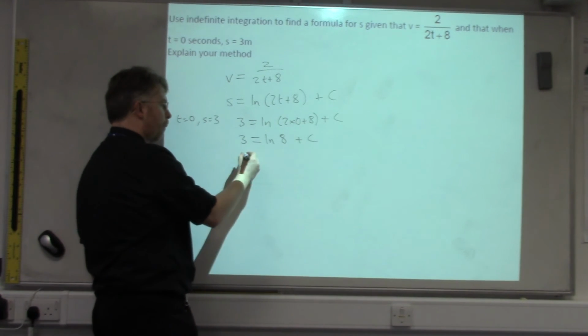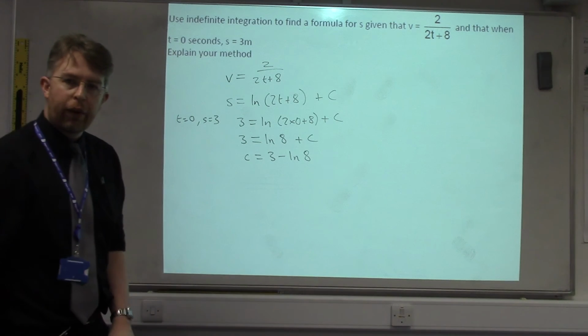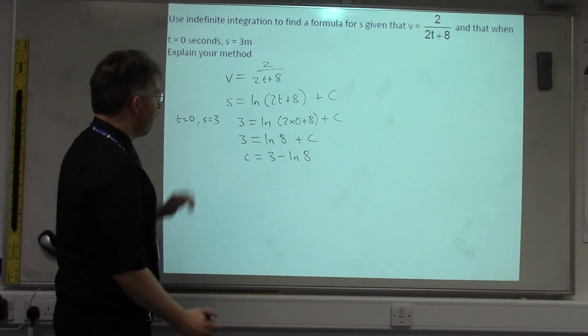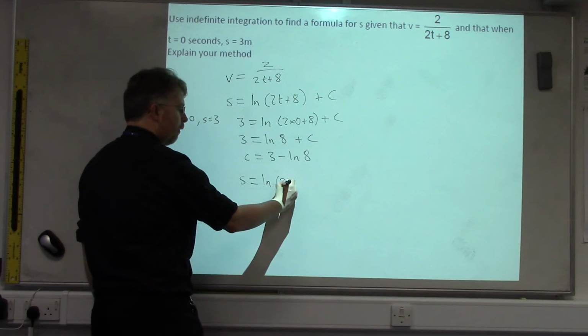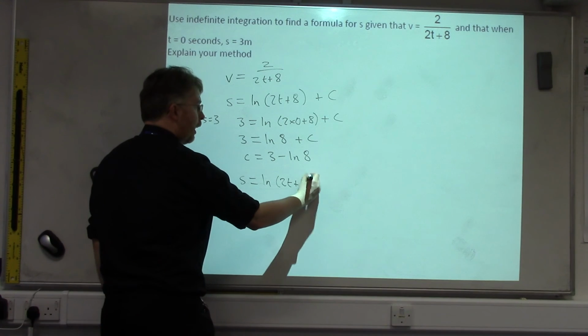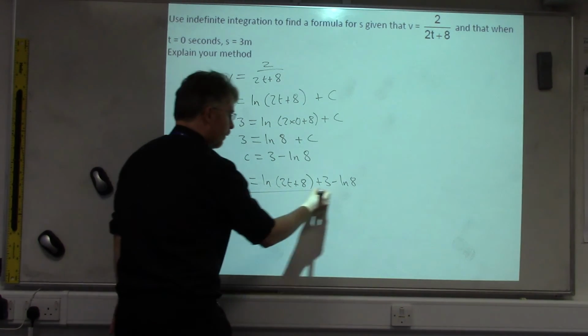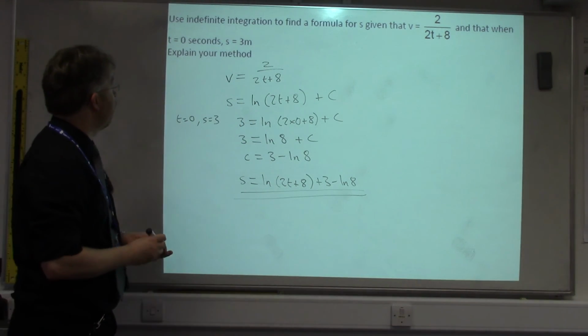Take the ln 8 from both sides. c is equal to 3 take away ln of 8. And then finally we substitute that back into the s formula. So s equals ln of 2t plus 8, plus 3 minus ln 8. That gives us our final answer for B4.